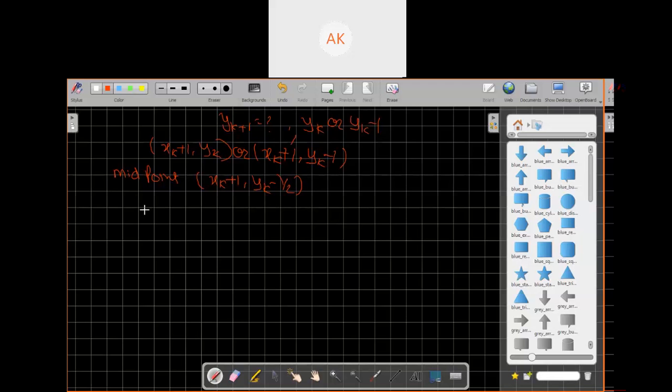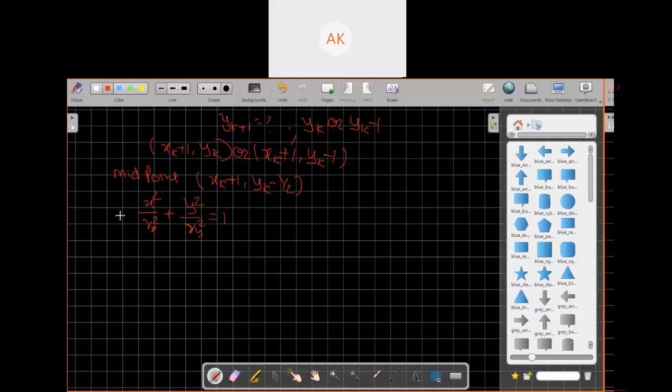When your center is the origin, 0, 0: x square upon a square plus y square upon b square equals 1. Good. Here a means the radius along the x-axis, which is rx, and b the radius along the y-axis, which is ry. So x square by rx square plus y square by ry square equals 1.